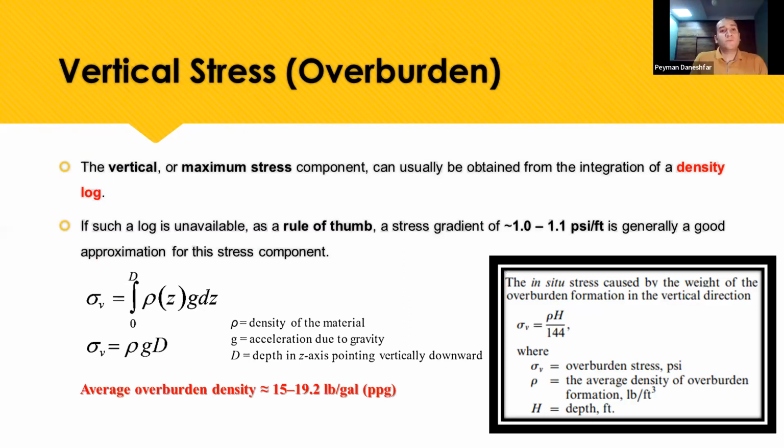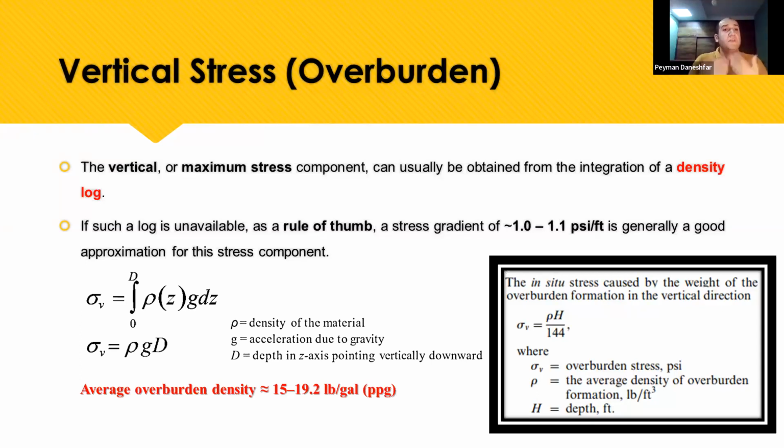The vertical maximum stress can usually be obtained from the integration of a density log. So keep in mind, when we want to talk about the vertical in-situ stress, how can we find it? With an integration of a density log.